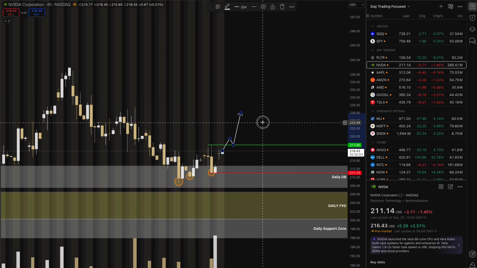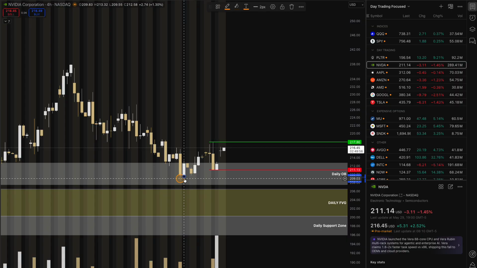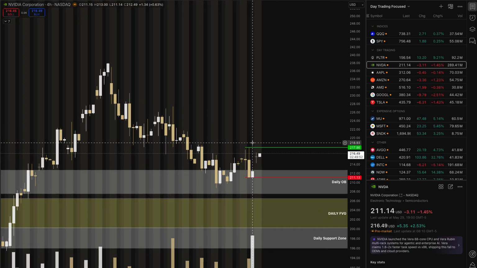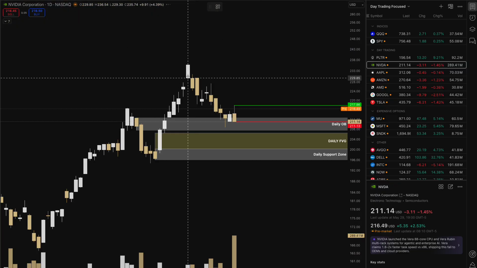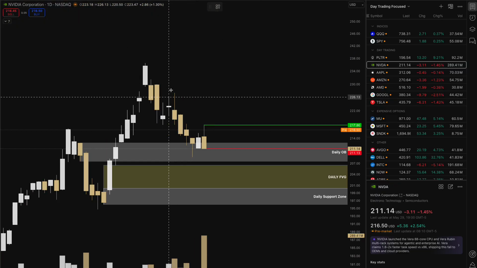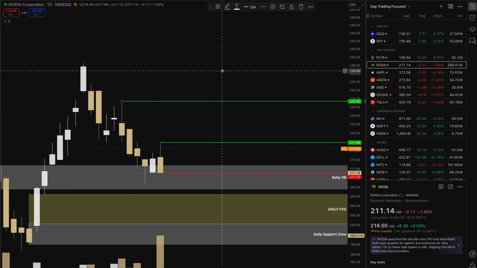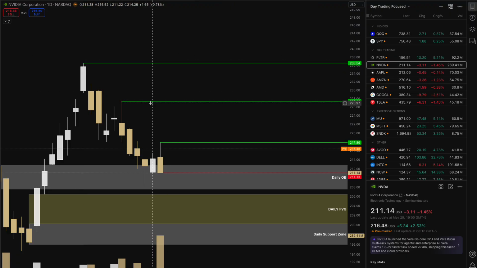So for today, I'll be watching Nvidia break above the previous day high, and then a retest, and then move forward. If I zoom out and go on a daily chart, this could be my swing point. These are the swing high points, liquidity levels I have.